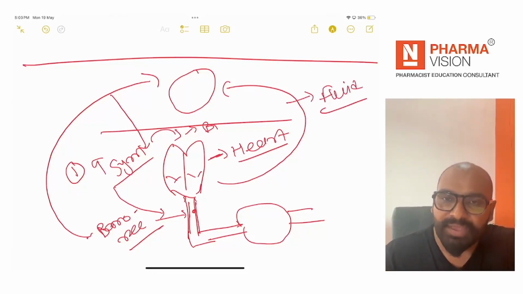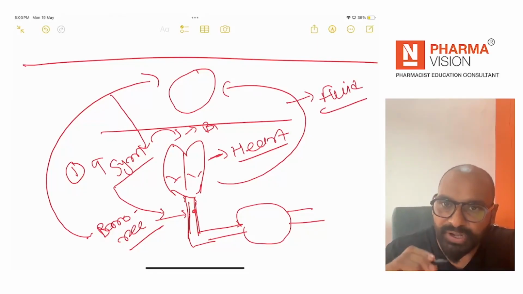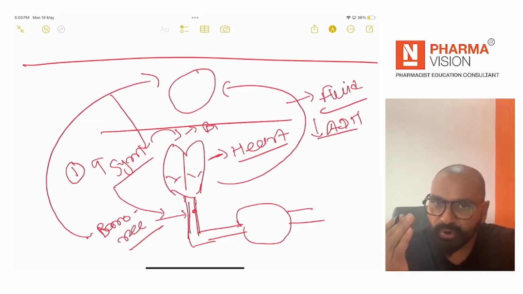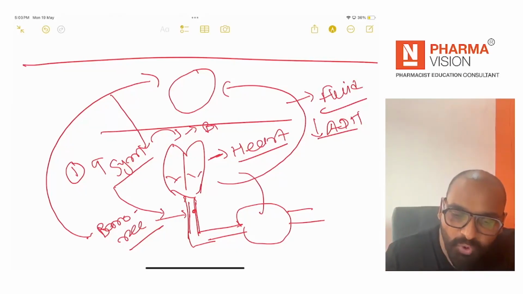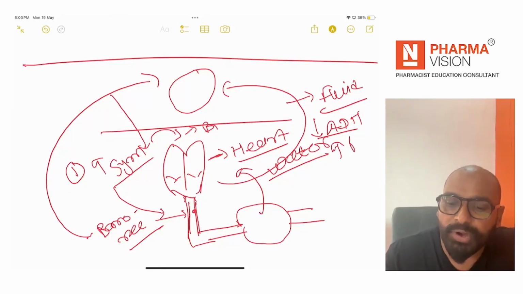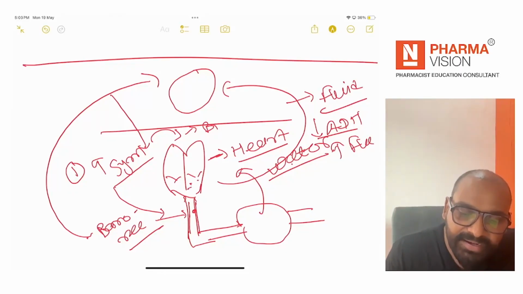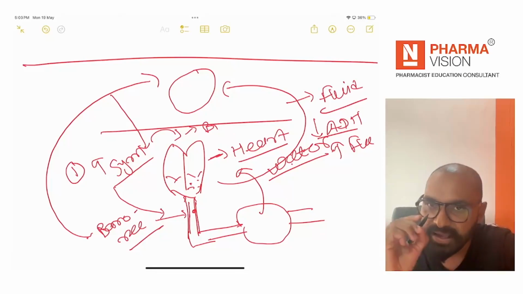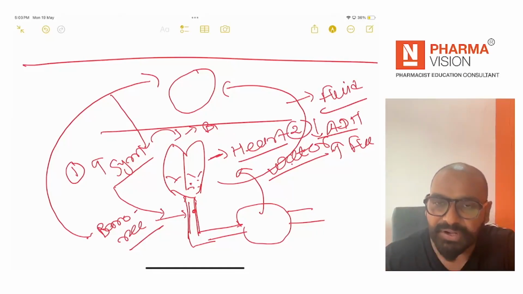Okay, so in that situation, the brain and pituitary gland release the antidiuretic hormone, and this antidiuretic hormone starts retaining more water, and that increases the fluid retention. So this fluid retention again increases the fluid, and they are trying to maintain the normal pressure and normal hemodynamic situations. That is the second compensatory mechanism.